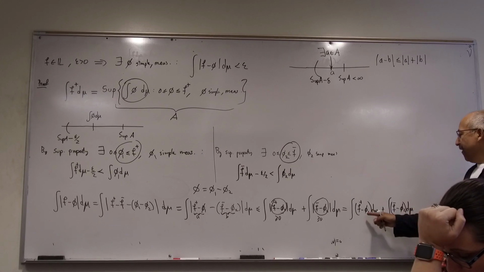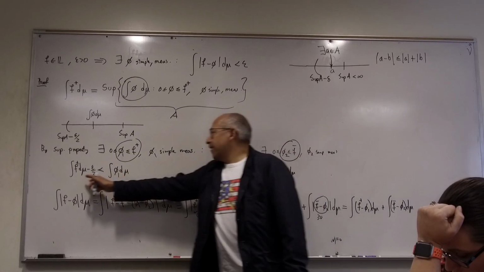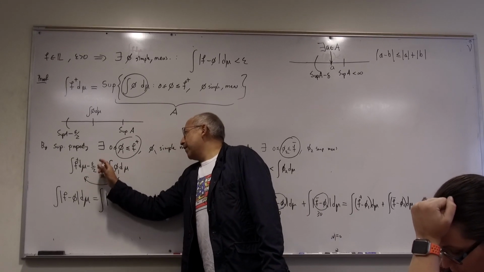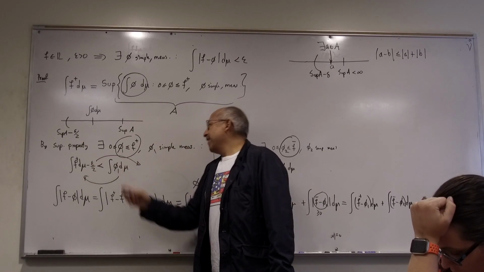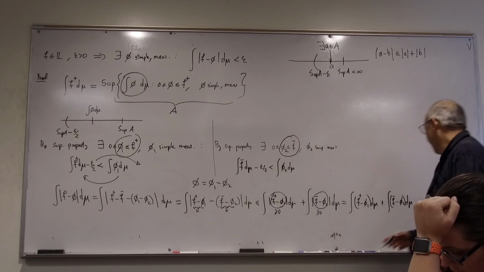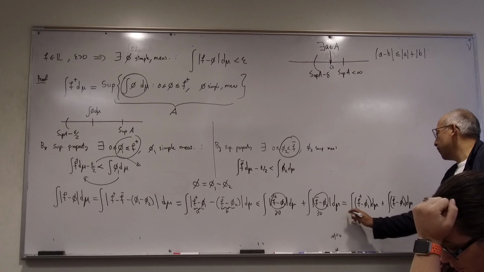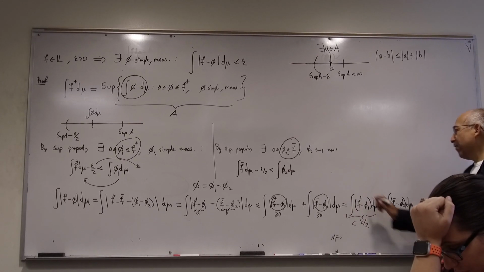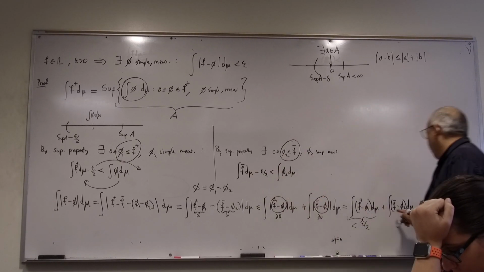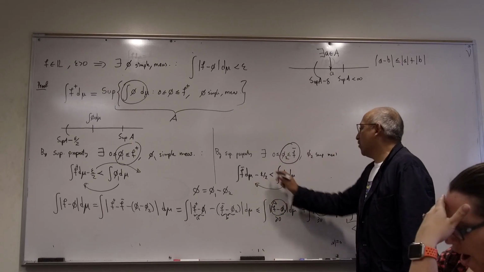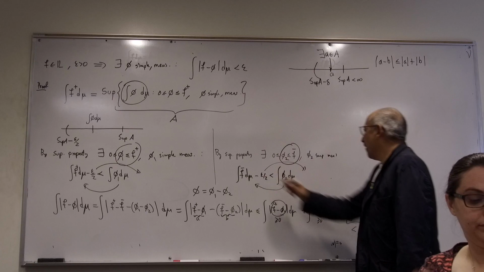And this integral, the integral of f plus minus the integral of phi_1 is less than epsilon over 2. You see what I mean, guys? Yeah. So this is less than epsilon over 2. And likewise, the integral of f minus minus the integral of phi_2 is less than epsilon over 2.